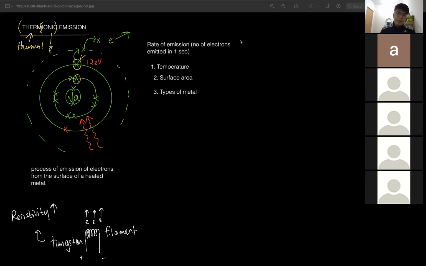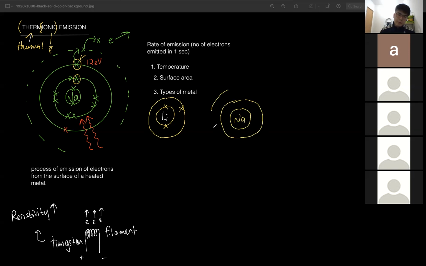Okay, for example, if you take lithium. Okay, lithium, it has 2 and then 1 outside. Compared with sodium. Sodium got 3 shells, right? 2, 8, and then 1.